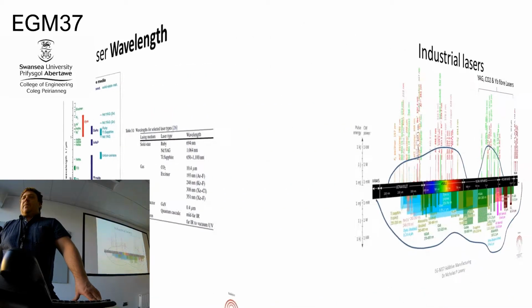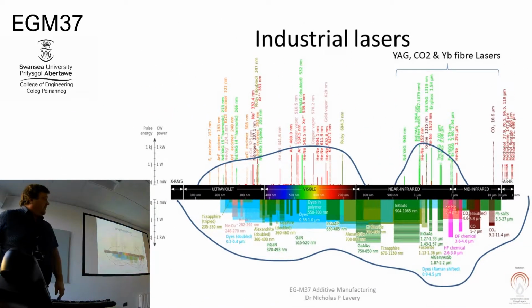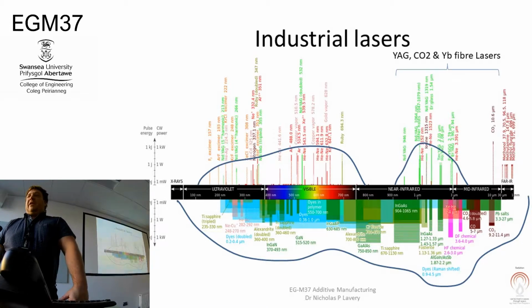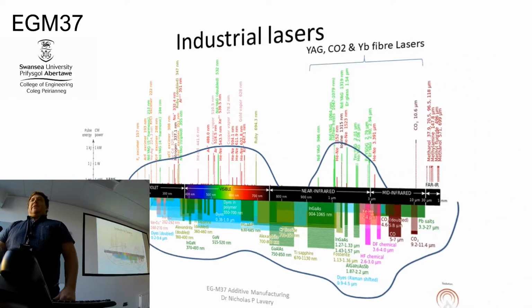This is a snapshot from Wikipedia, and it gives you the wavelength bands in the near, mid and far infrared. You can see the CO2 at the far, 10 micron band, and somewhere in there the ytterbium Nd:YAGs and the ytterbium fiber lasers will be around the 1 micron band.